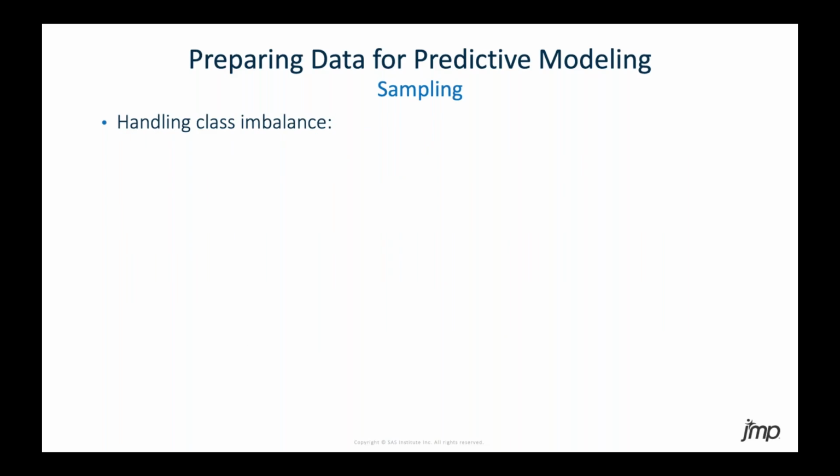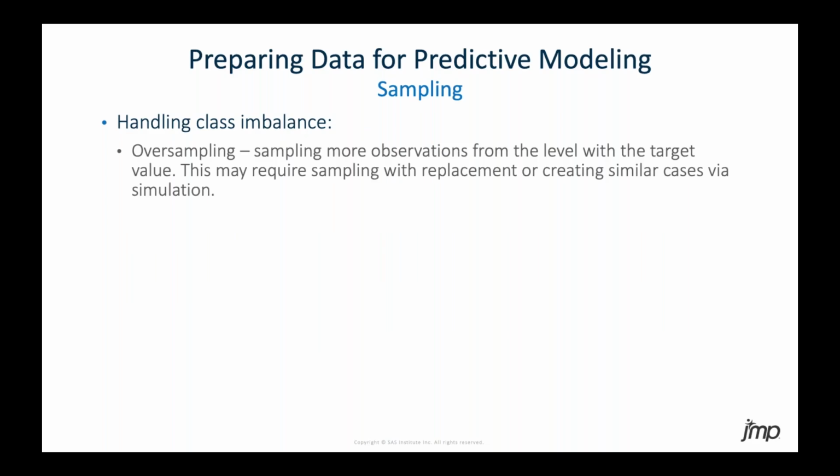So how do we handle this? There are 3 ways I can handle class imbalance. One is to oversample the data. By oversampling, all I'm doing is generating observations, either through resampling the data or through coming up with some way of simulating new values. For example, with the direct mailing, I've got 90,000 non-responses and 5,000 responses.